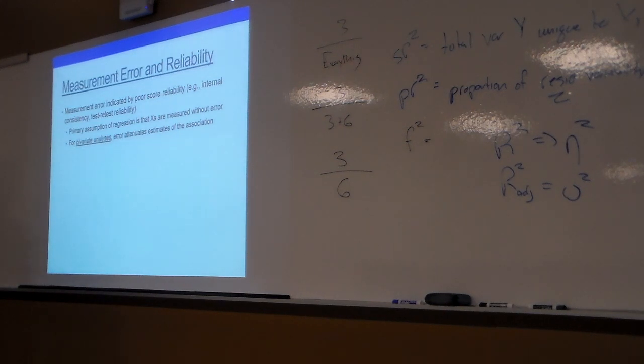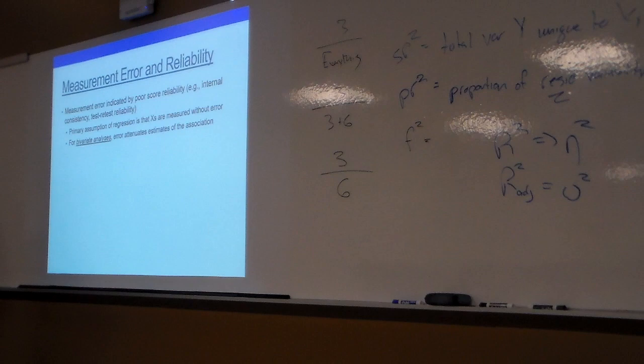Our Pearson correlations, our bivariate regressions, our error in our predictors will attenuate the estimate of our association. The observed association we get is going to be lower than the population estimate, okay?